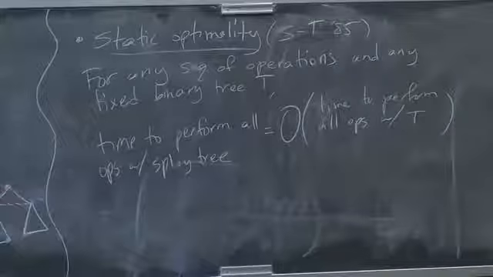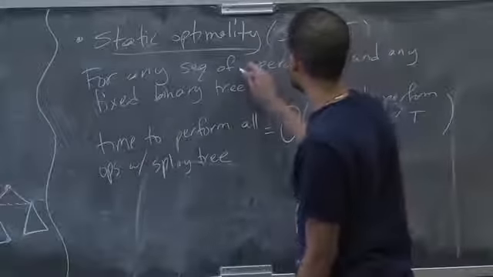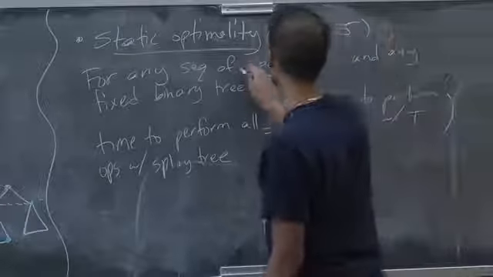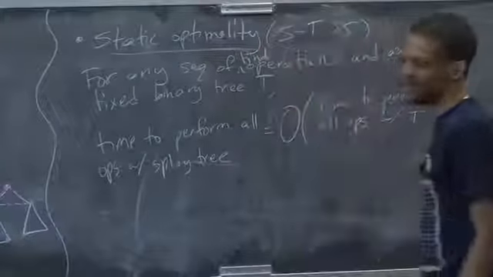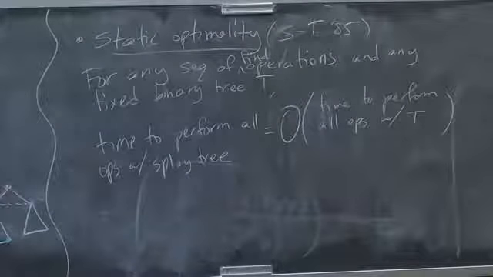Okay, so if you knew the entire sequence of operations ahead of time, let's say any sequence of find operations. So let's say that the n items are fixed, okay? And you know what all the finds in the future are going to be.